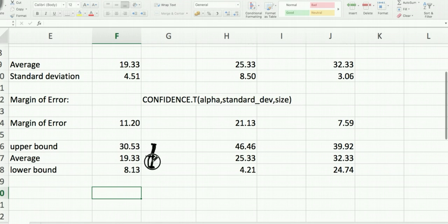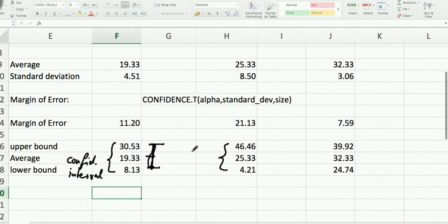So this here is our confidence interval. Or in other words, we are fairly confident that our true average for all the plates is somewhere between 8 and 30 cells.